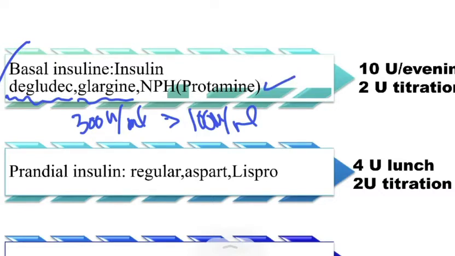How do we start? We start with an evening dose, simply 10 units of insulin in the evening for the patient with type 2. Usually we stop other oral hypoglycemics except metformin, and metformin should be kept.